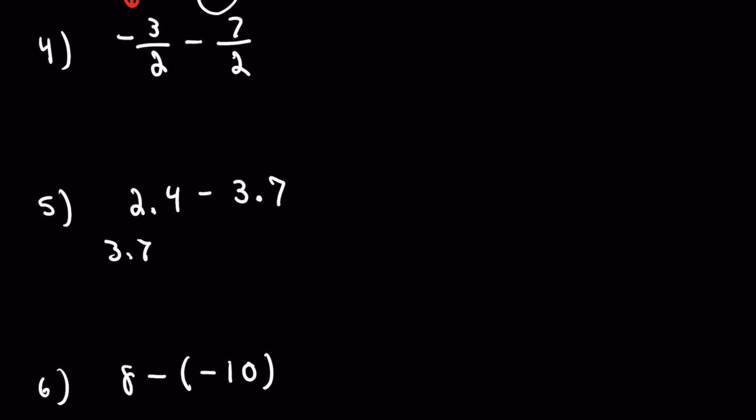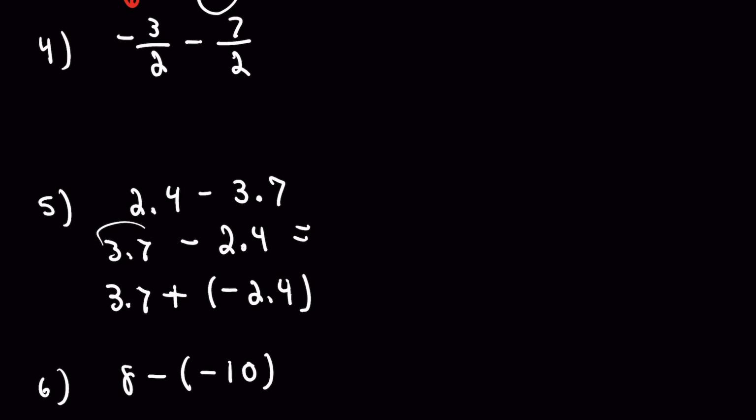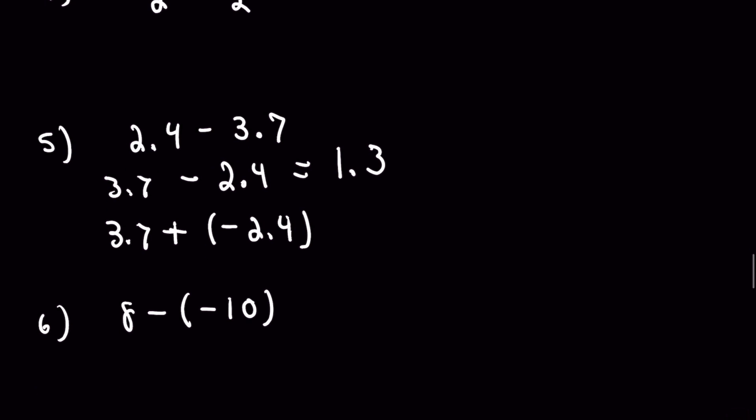And then I'm going to subtract away the smaller number, which is 2.4. And again, if you wanted to, you could write this as 3.7 plus negative 2.4. Well, I would just subtract. This is a bigger number minus a smaller number, and notice I'm subtracting a positive minus a positive. So this is just going to be 1.3.